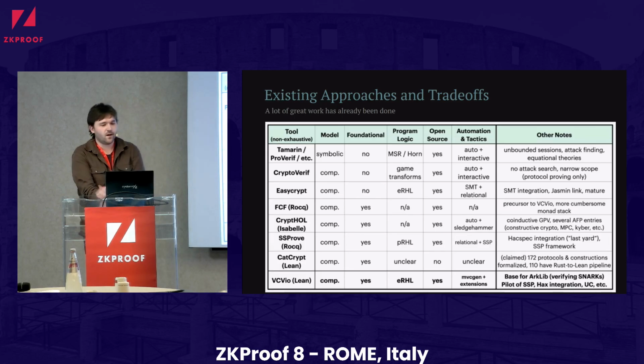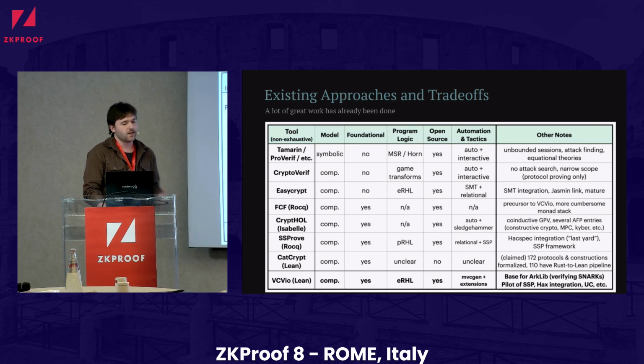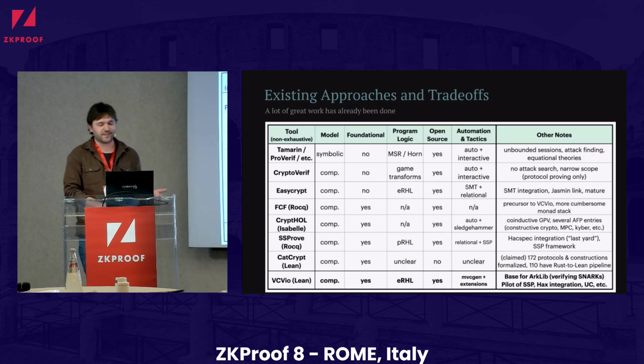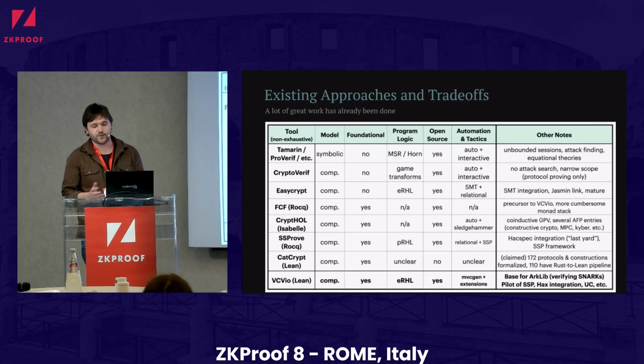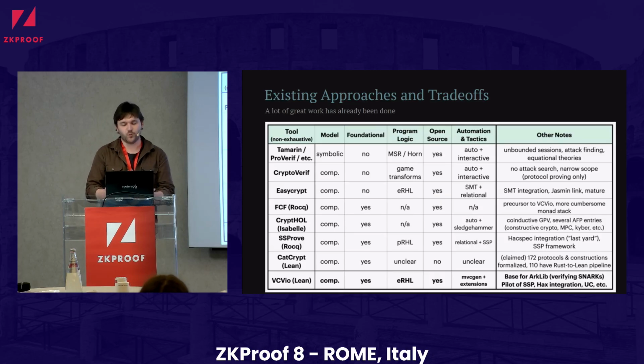Okay, but there's been tons of work, and there are a lot of different trade-offs and different reasons you might want to use different ones. A big part of this is just that we want something in Lean because everything else we're already doing is in Lean. There is another recent work called CatCrypt that's also doing something similar in Lean, but it focuses on different things. Ideally they're both complementary tools, but CatCrypt also isn't released yet, so I can't say too much about it.